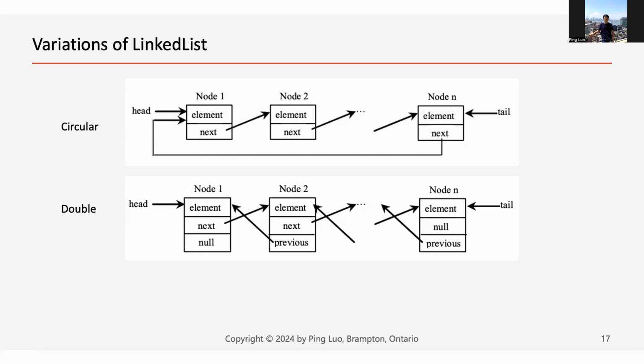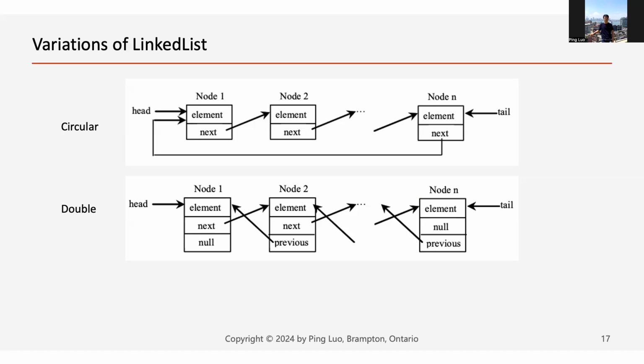The only difference is that in a traditional linked list, the tail's next is null, nothing else. But in the circular list, the tail's next points to the head. So basically, you can traverse all the way to the tail and go around to the first one, and that's sometimes useful for solving some coding questions.